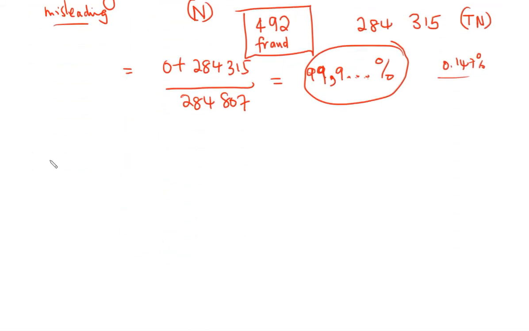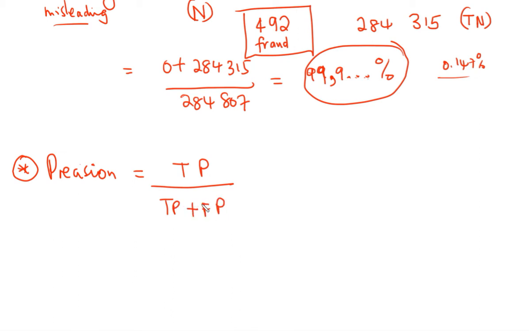We can now look at something called precision. Because our data set is imbalanced, let's look at a measure called precision. Precision is defined as true positive divided by true positive plus false positive. That's how you calculate it. What does that mean in English?